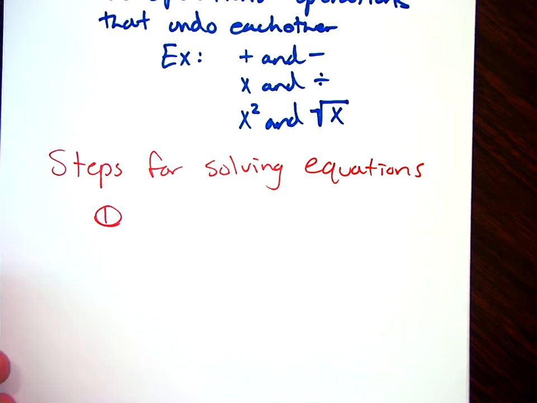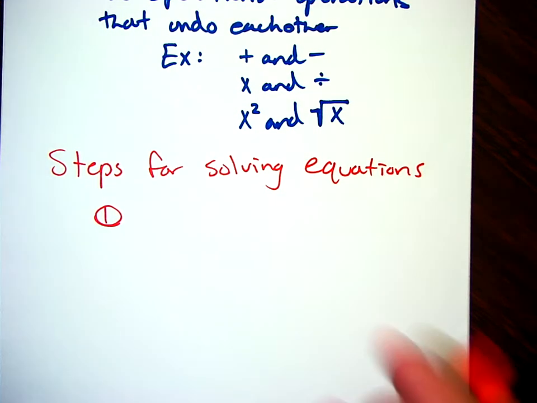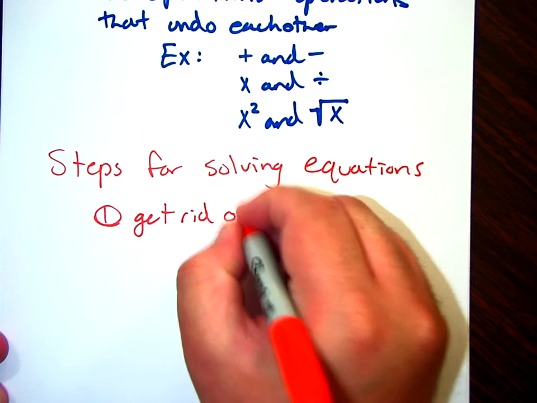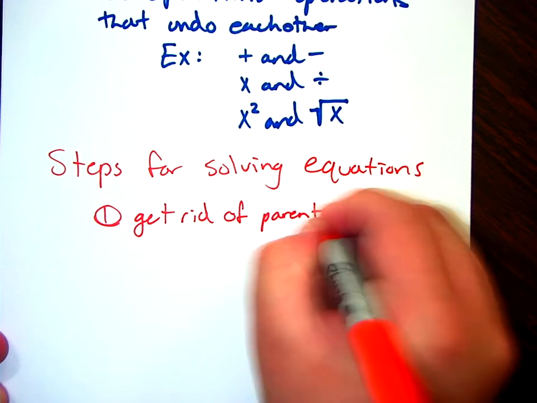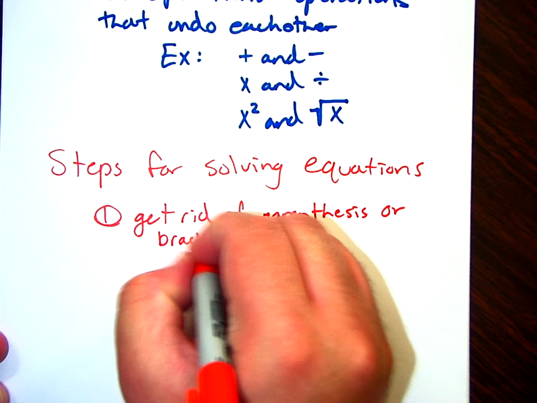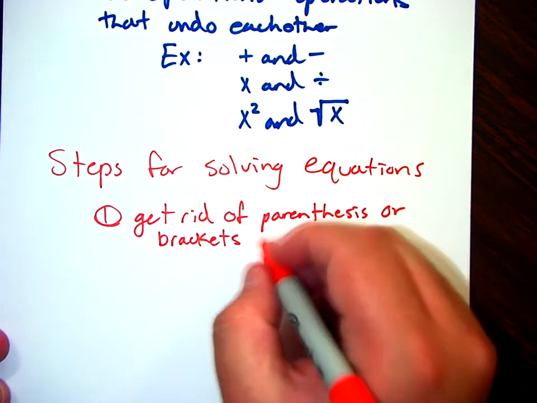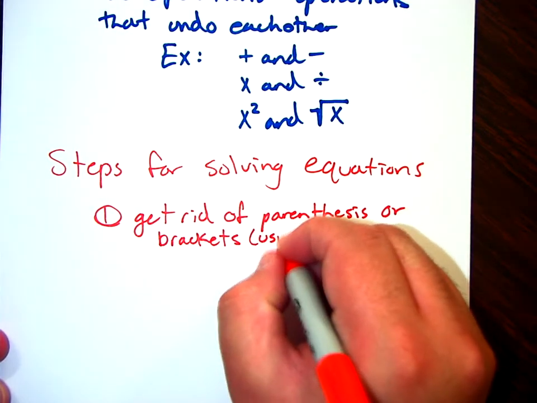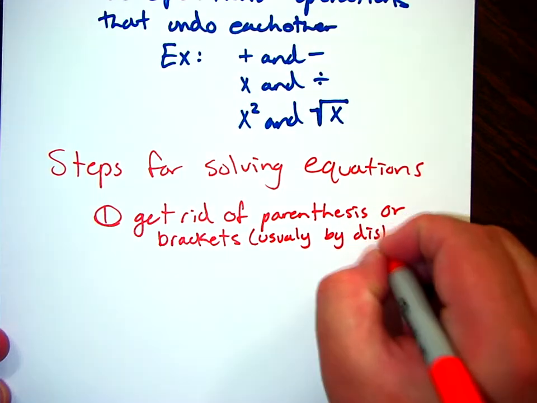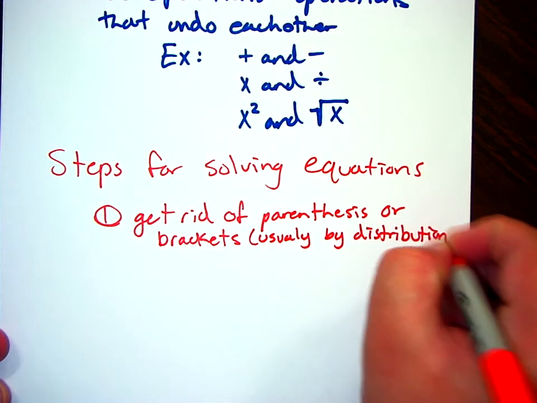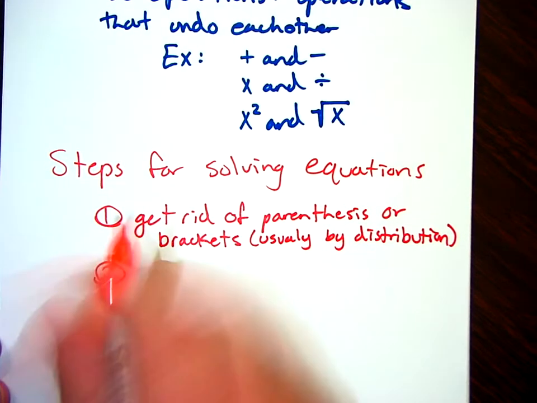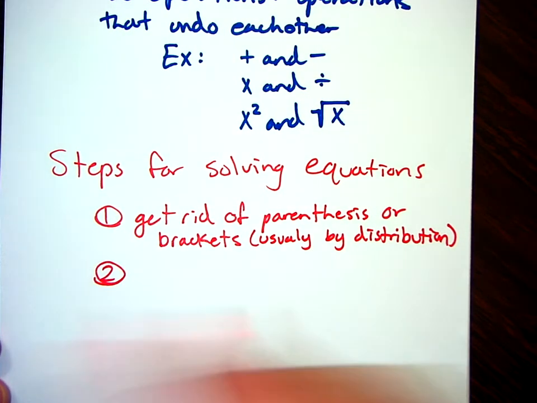First step, you're going to get rid of parentheses or brackets, usually by distribution. Okay, that's the first step. Step number 2, combine like terms on either side of the equal sign.